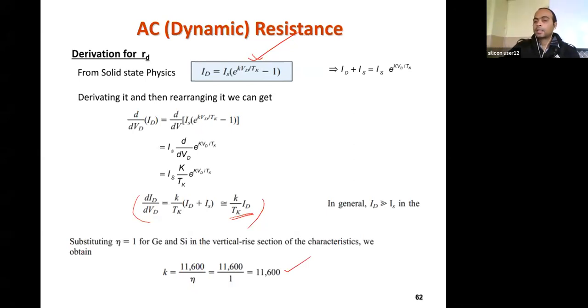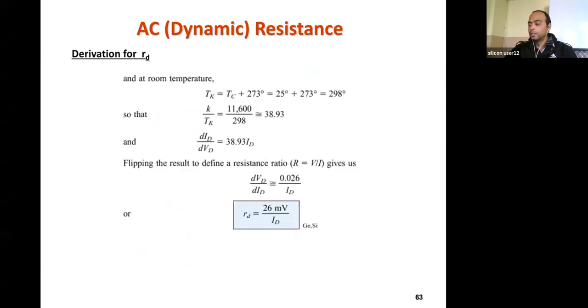And Tk will be equal to 25 plus 273, which is equal to 298 degree Kelvin. So from that you will get K by Tk, which comes to 38.93. So dId by dVd equals 38.93 Id.